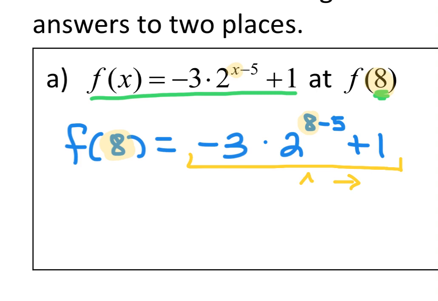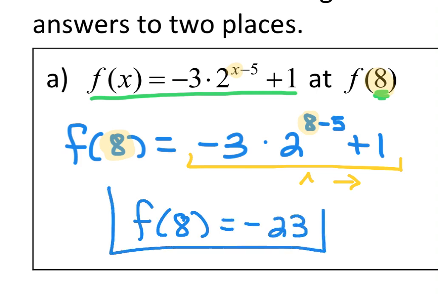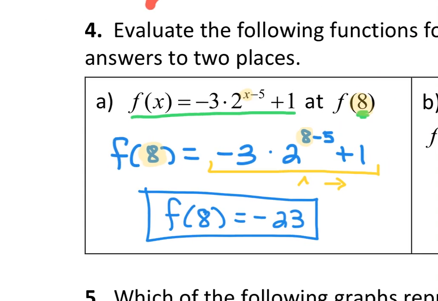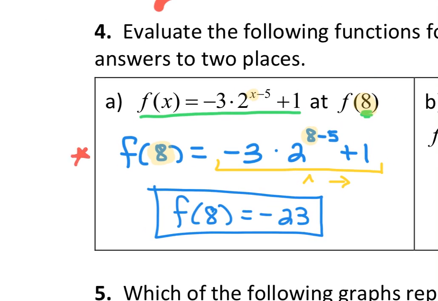And your answer should be negative 23. But when you write that, remember to write f of 8 equals negative 23. And yes, one more time, I do need to see this step because it says show all substitutions, and that's your substitution step.